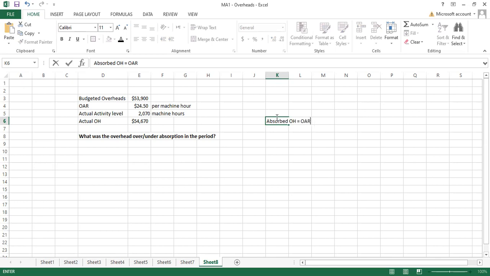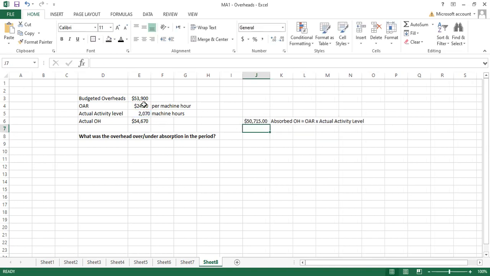By multiplying OAR by the actual activity level, right? So let's do it. Here, let me write: this is the actual activity level, multiplied by OAR. So we get this, and we have to compare these two.